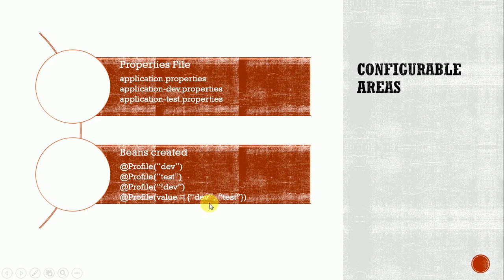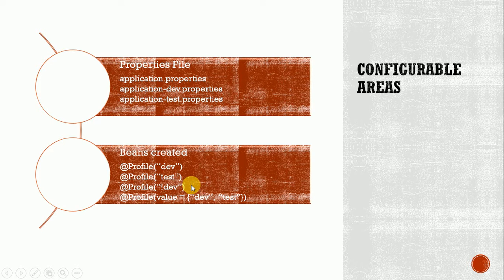To use a particular bean for a given profile, you can use the annotation @Profile and give the name of the profile, such as @Profile("dev"), @Profile("test"). If you want to exclude a bean from a particular profile, you just negate it using the exclamation sign, such as @Profile("!dev").